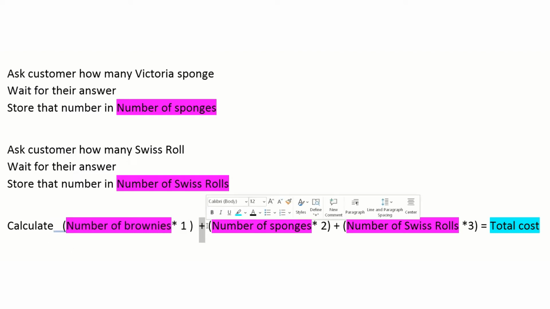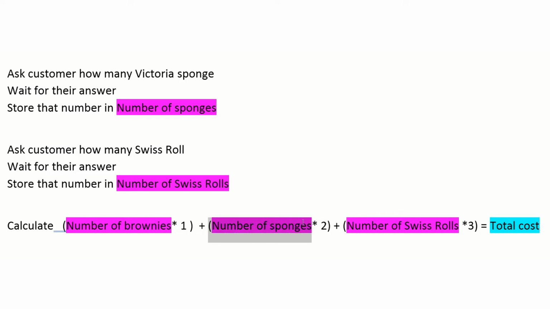And then we're going to add that to the number of sponges multiplied by 2. That £2 was the price of the Victoria sponges. And then we're going to add that to the number of Swiss rolls times 3. And store that all in a variable called total cost. And the very last thing we need to do is tell the person what that total cost is.